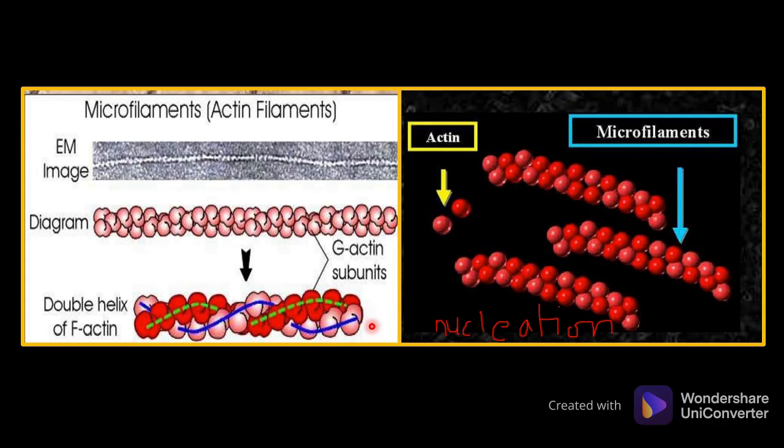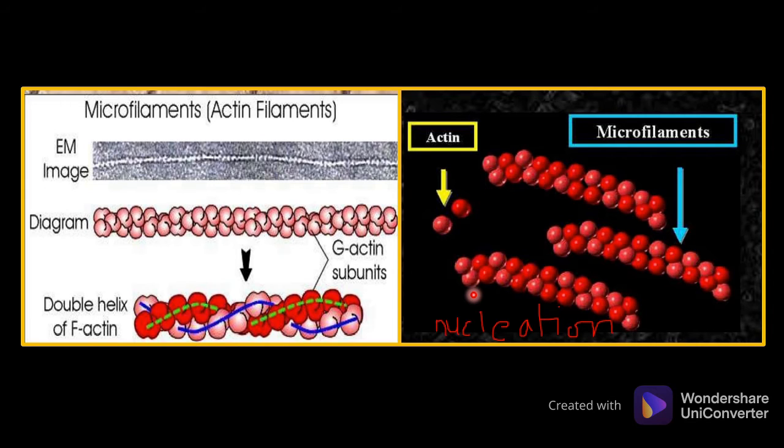So actin polymerization is a reversible process, meaning the actin filaments can be broken down into individual units of actin. This makes for a very dynamic process, as actin filaments can polymerize and depolymerize quickly at different locations throughout the cell.